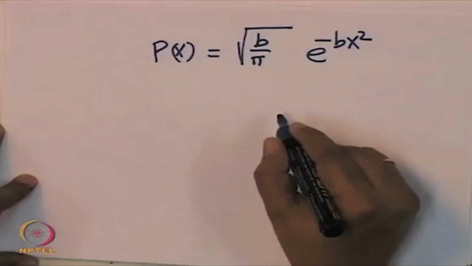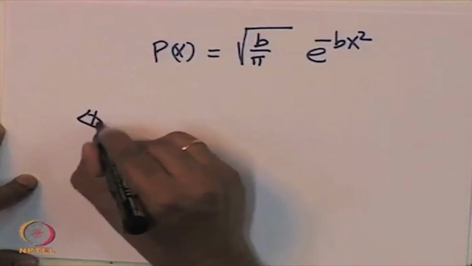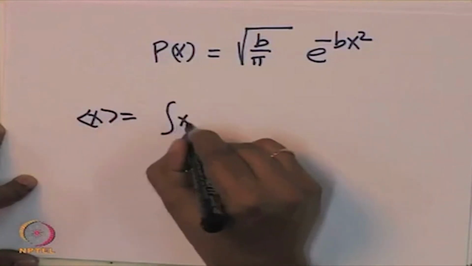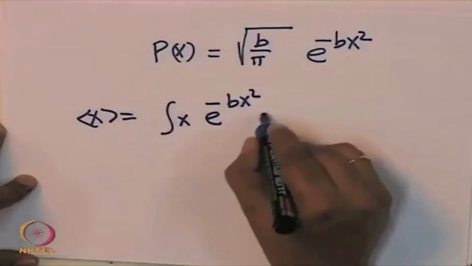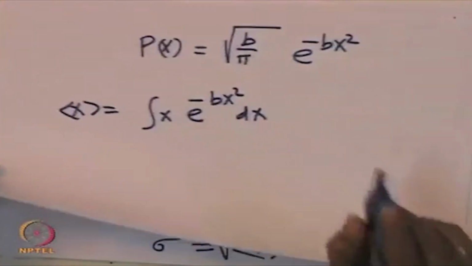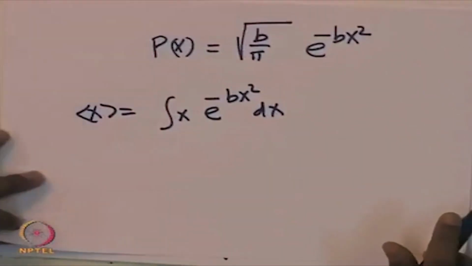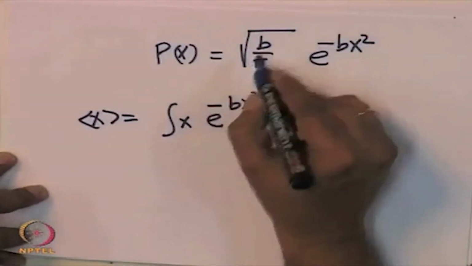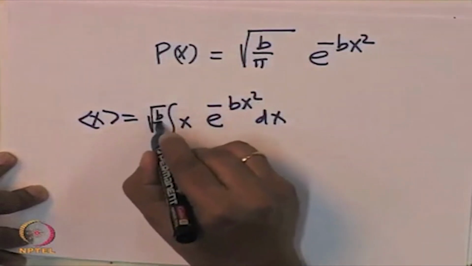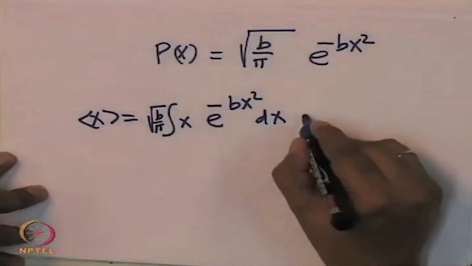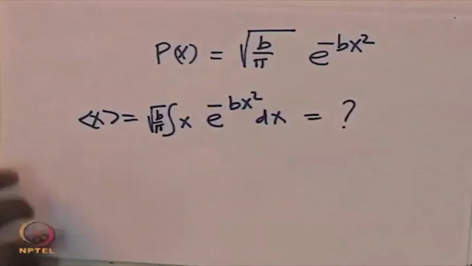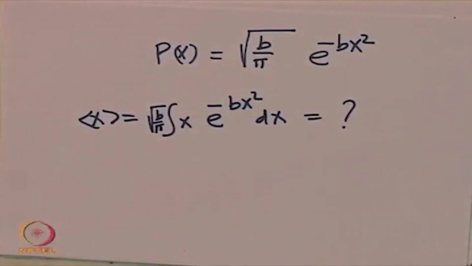Now, what is x average? It is the integral of x e power minus b x square dx, with root of b by pi in front. Root of b by pi is a constant, so I can write it outside. Now, what is the answer of this? Without doing the real calculation, just by looking at the function plotted, you might be able to know the answer.